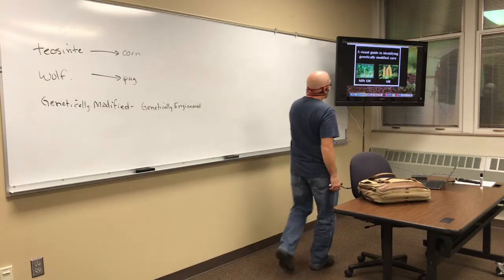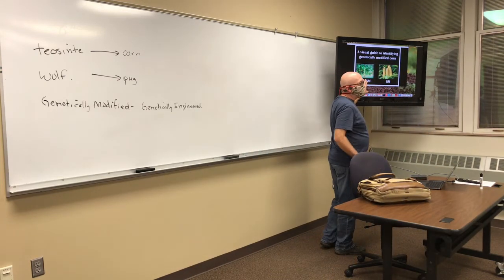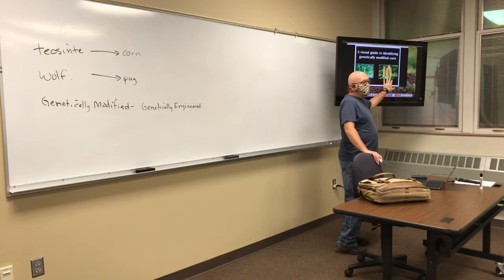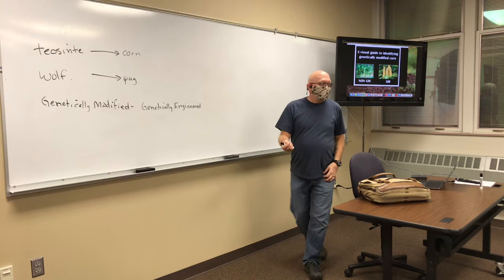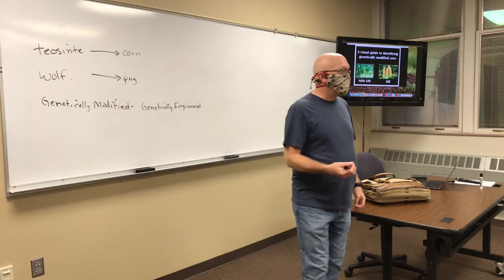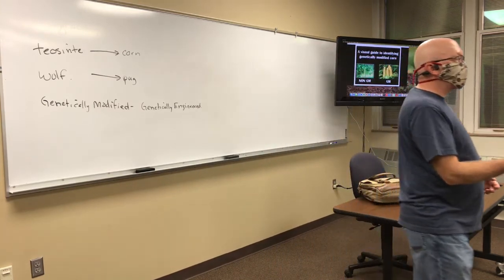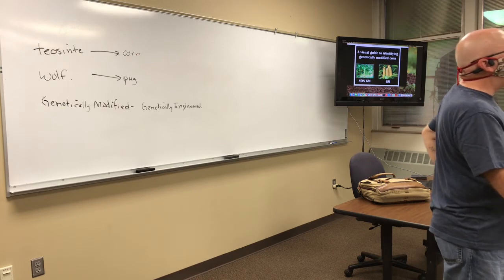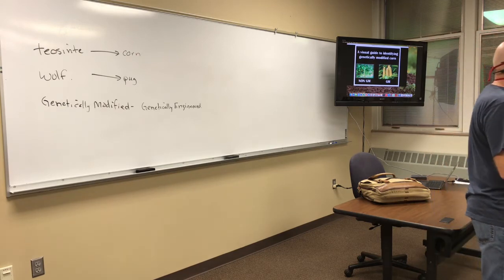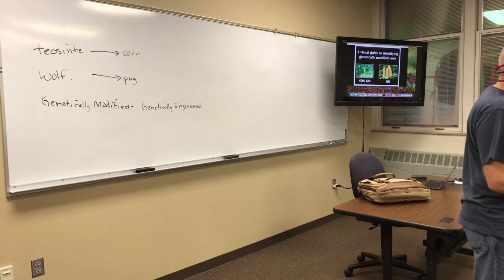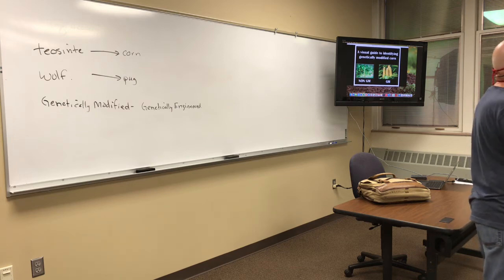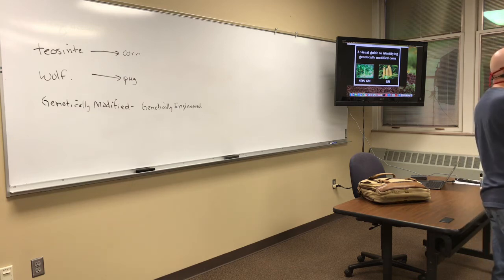This is teosinte, which is the old form of what eventually came to be corn. But you got to this type of corn by farmers who started eating teosinte, saying, oh, here's a teosinte plant that has a few more kernels on it. I'm going to plant that one instead of this one that has fewer kernels. Oh, these kernels stay attached to the central stalk, the cob.